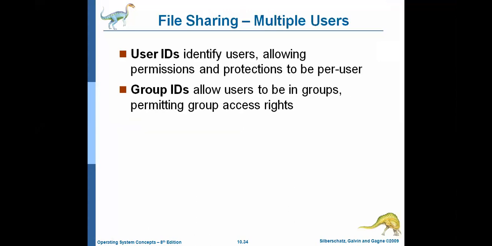Okay, and the next one: file sharing with multiple users. If n number of users are using a file, who has what permissions? Say I am the owner of a computer and the owner of a file, and two of my friends are neither the owner of the device nor the owner of the files.